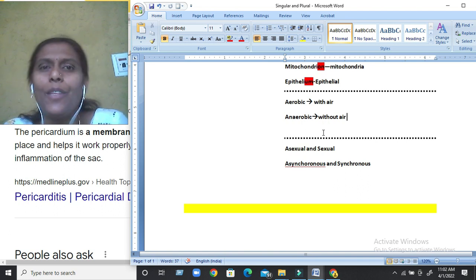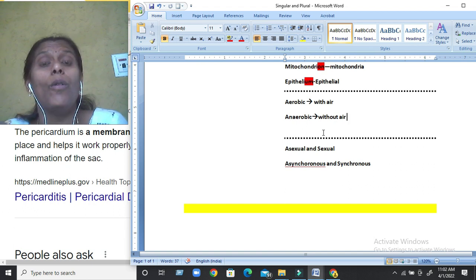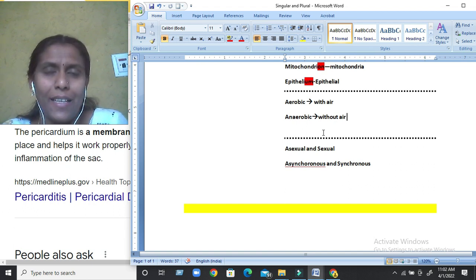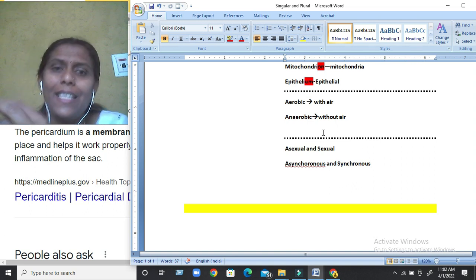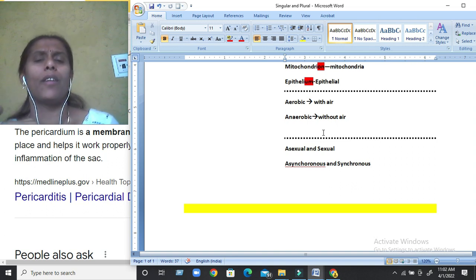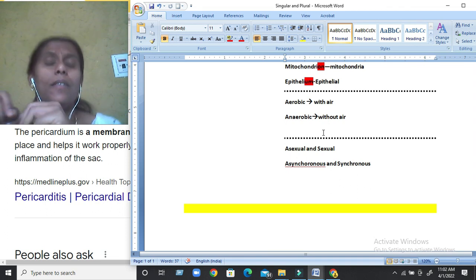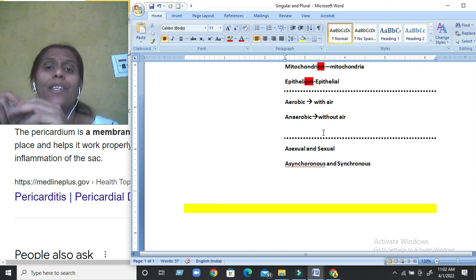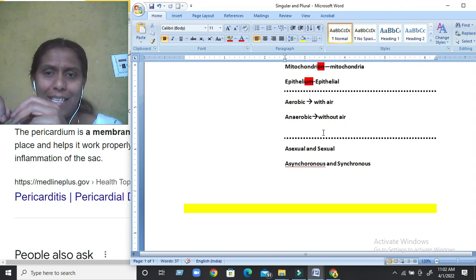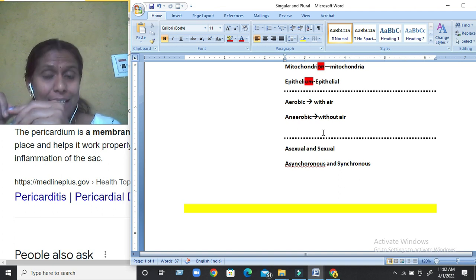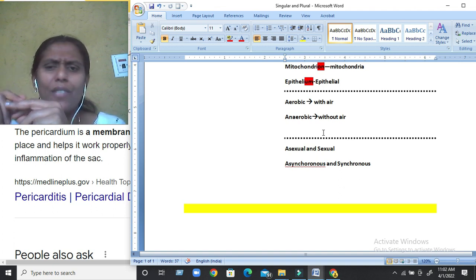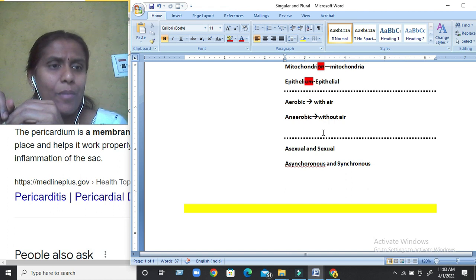But in yoga, it always goes with breathing. So that is called aerobic exercise. And the one which doesn't care, which mainly focuses on reducing the weight and making your muscles fit and tight, they're anaerobic exercises.